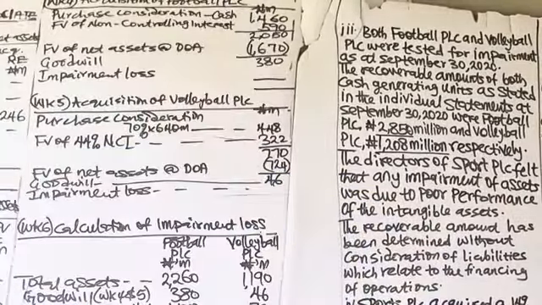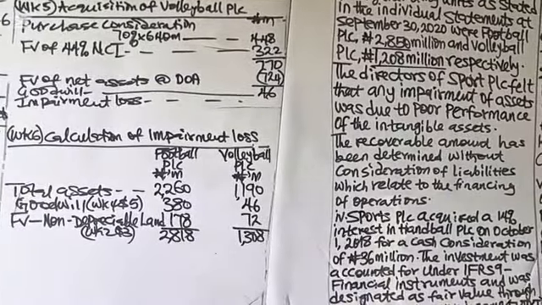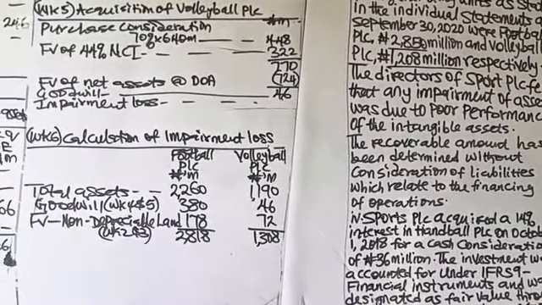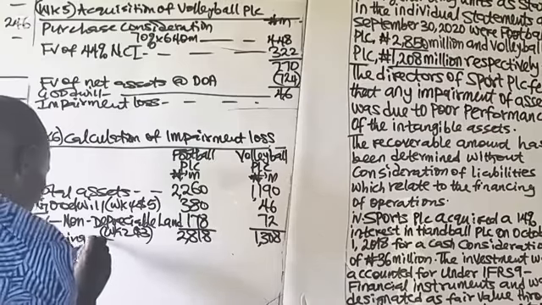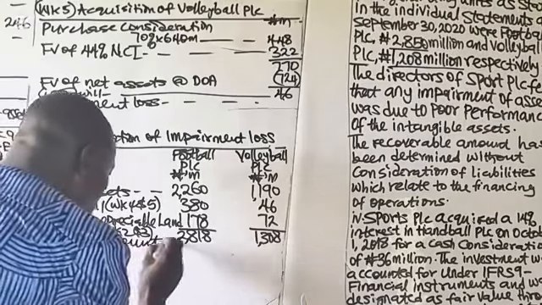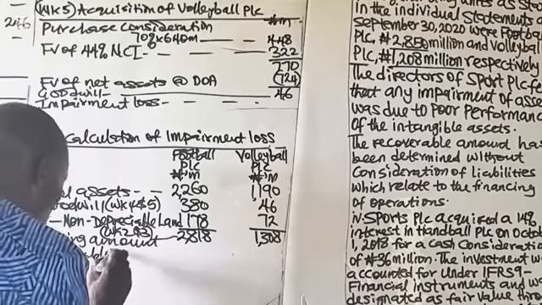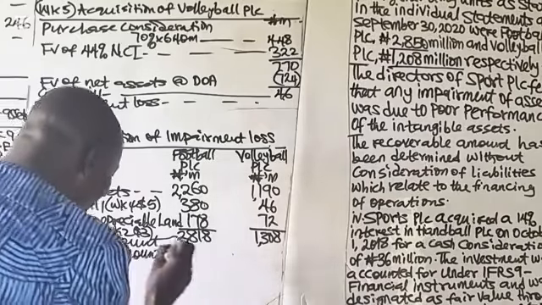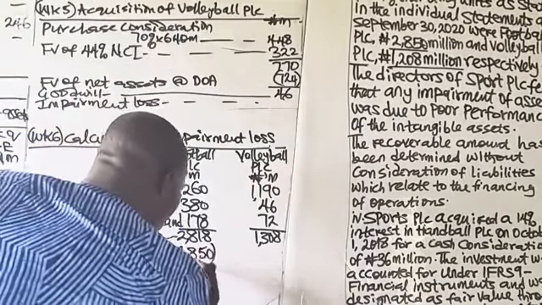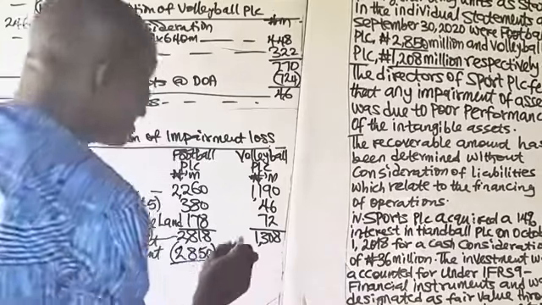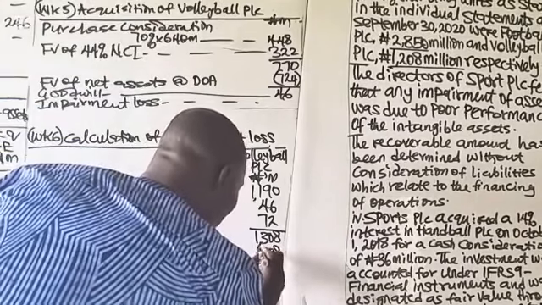Now, you want to compare the carrying amount with the recoverable amount. This is the carrying amount of the cash generating unit. The recoverable amount from additional information number 3 is 2,850 and 1,208.